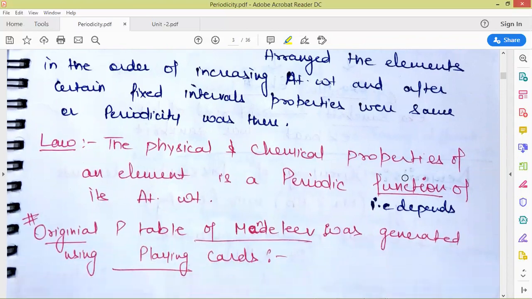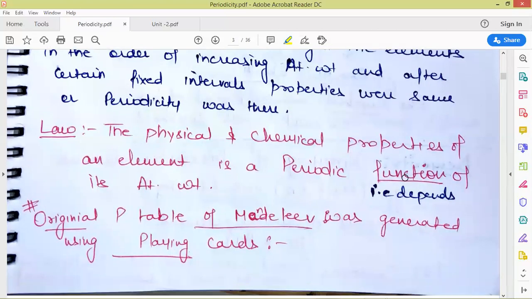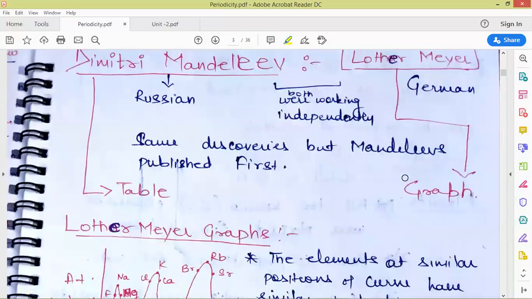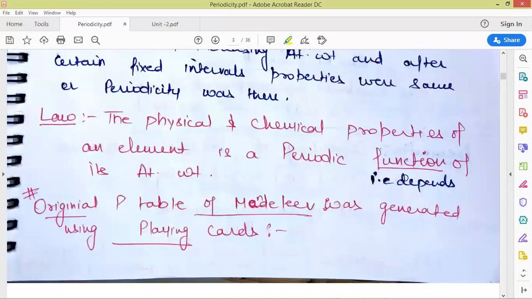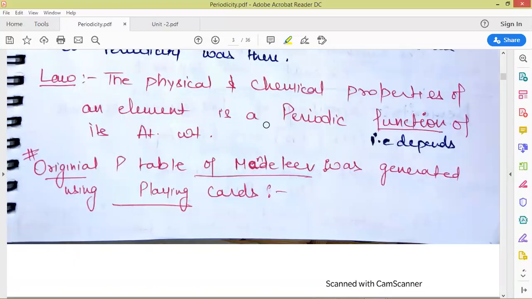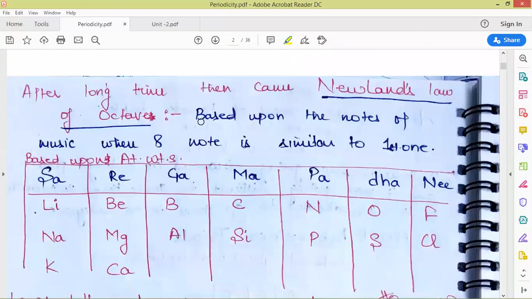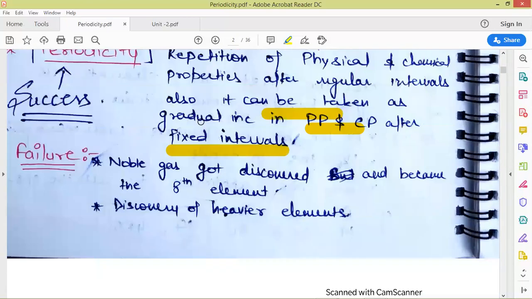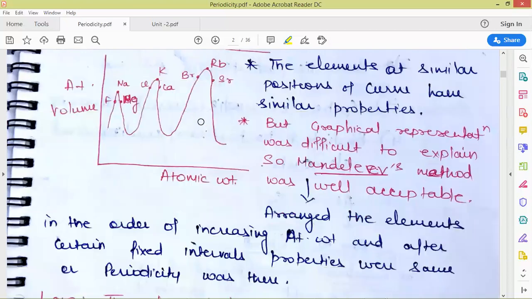Periodicity was introduced by Newlands, but it was used by Mendeleev as well as Lothar Meyer. So this was the law: the physical and chemical properties of elements are a periodic function of their atomic weights. By atomic weights, we mean the atomic masses.